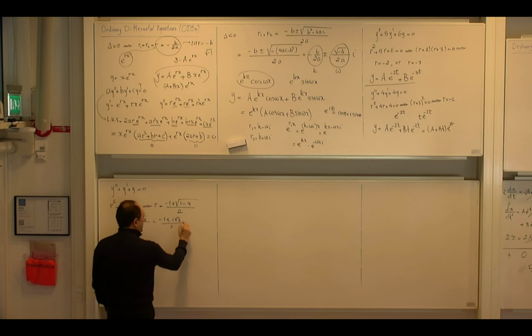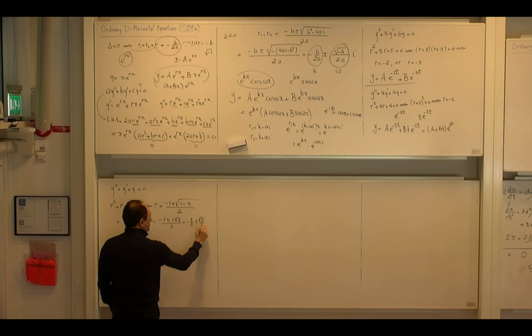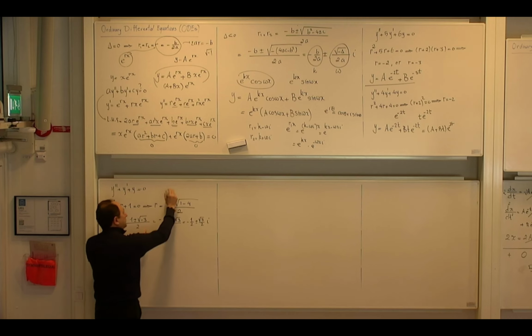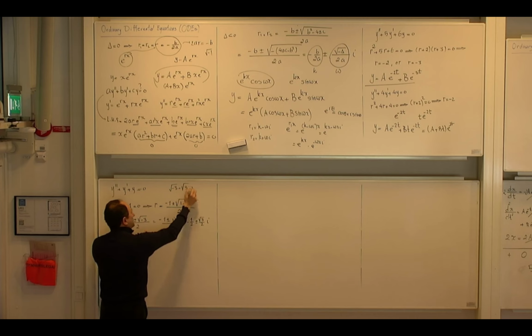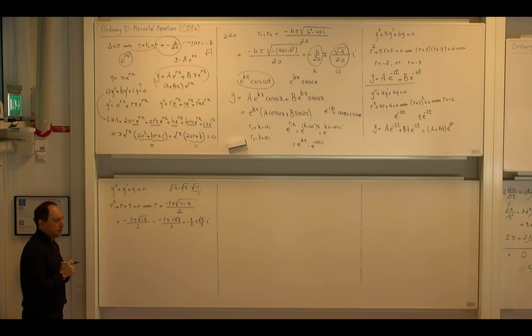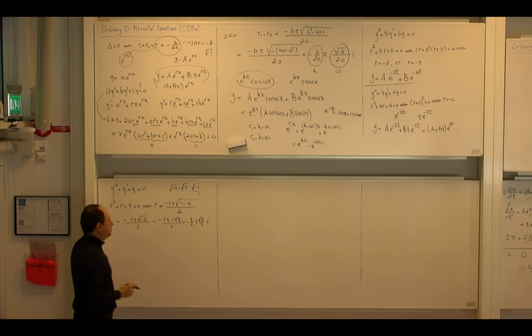So it becomes minus 1/2 plus or minus square root of 3 over 2 times i. Please tell me, is the calculation understandable? Yes. So, for example, square root of minus 3 can be viewed as square root of 3 times the square root of minus 1. But this one is i. Is that clear? Yeah.